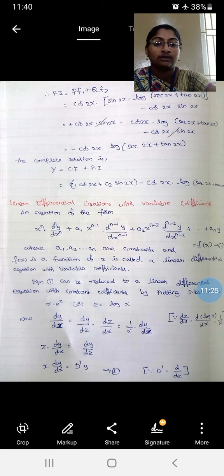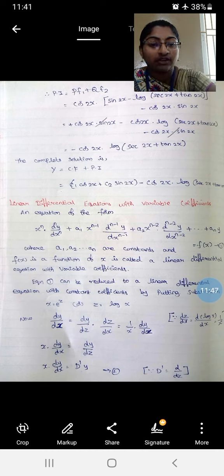Now my first equation will become, dy by dx equal to, multiplying and dividing by dz, dy by dz into dz by dx, which is nothing but 1 by x into dy by dz, because the value of dz by dx is 1 by x.